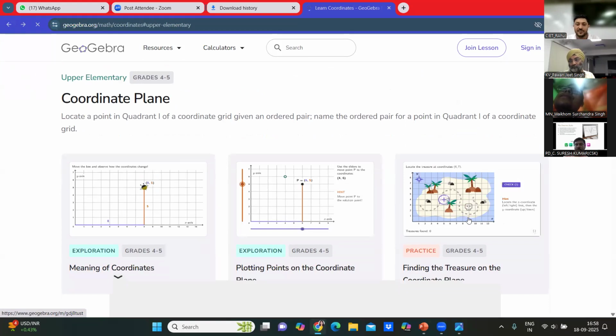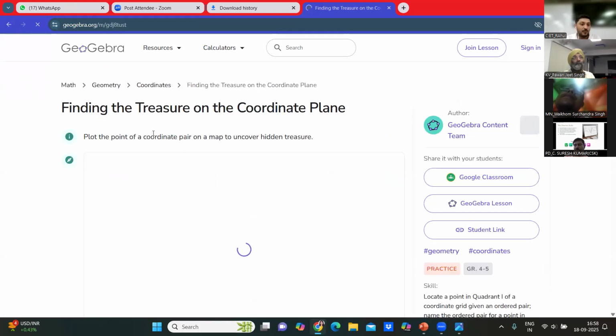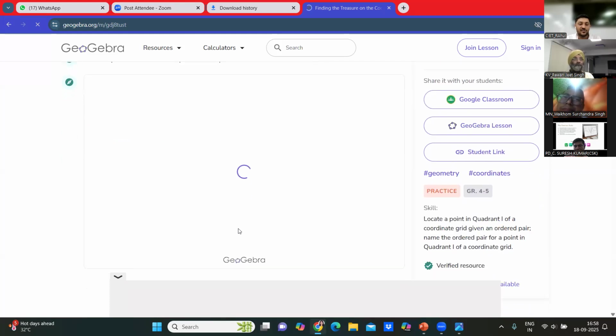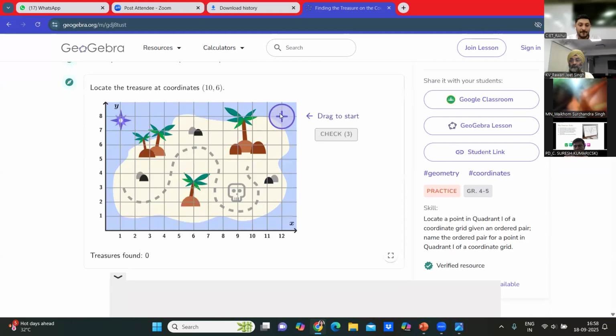And the third one is finding the treasure on the coordinate plane. Plot the point of a coordinate pair on a map to uncover hidden treasure. We can move this plus sign and click here.